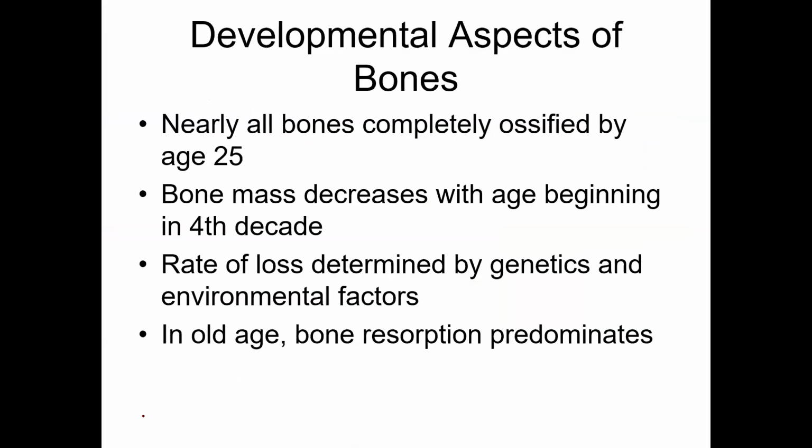By the time you're about 25, all the bones are pretty much completely formed. By the time you're 40, it's going to start going down. Why? Hormones. We talked about parathyroid hormone, vitamin D. But also in play here are testosterone and estrogen. Where parathyroid hormone lets you borrow calcium from the bones, testosterone and estrogen help you pay it back.